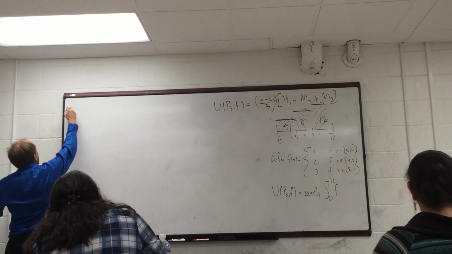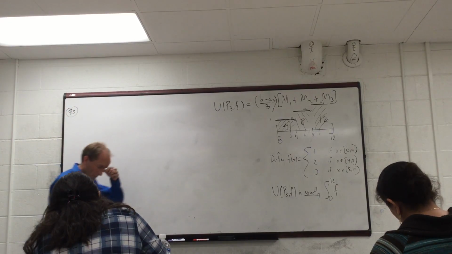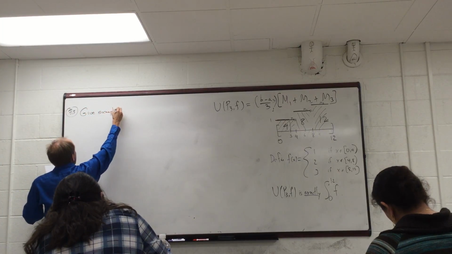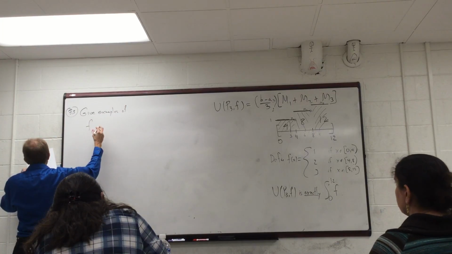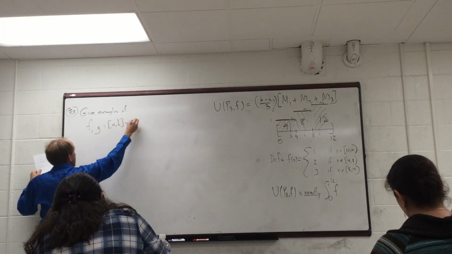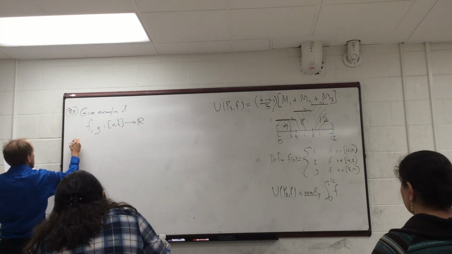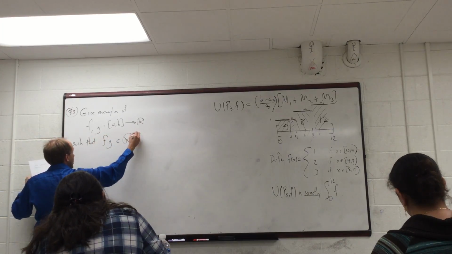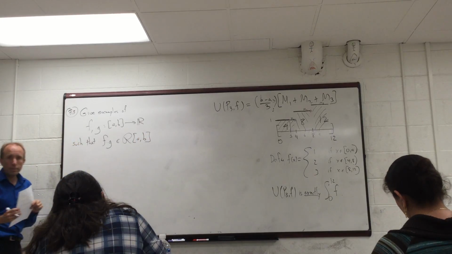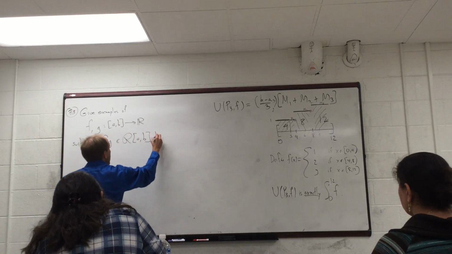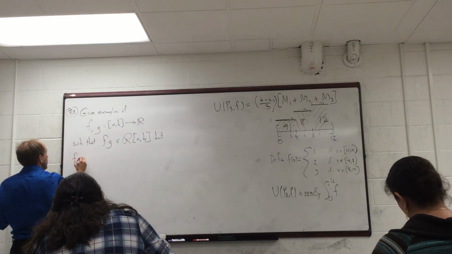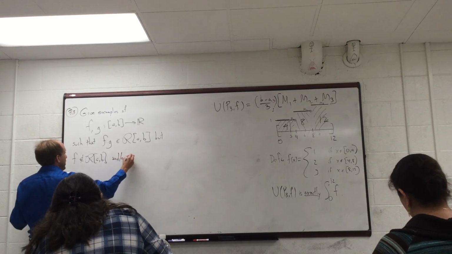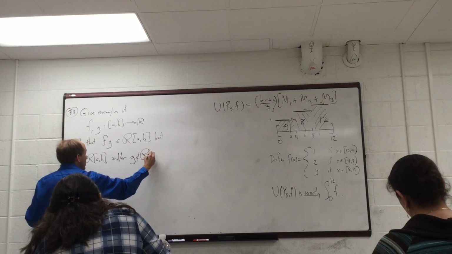Okay, so number 3 is also asking for an example. It says, give examples of 2 functions this time, f and g, that go from some closed interval a, b to R, such that f times g is Riemann integrable, but f is not Riemann integrable and/or g, one or the other or both, are not Riemann integrable by themselves.